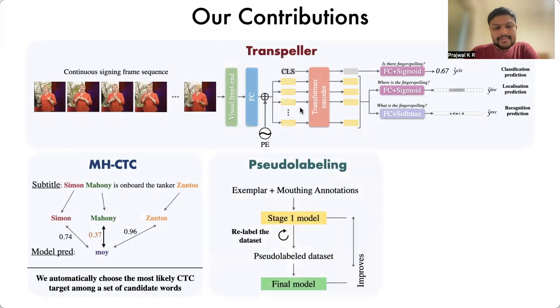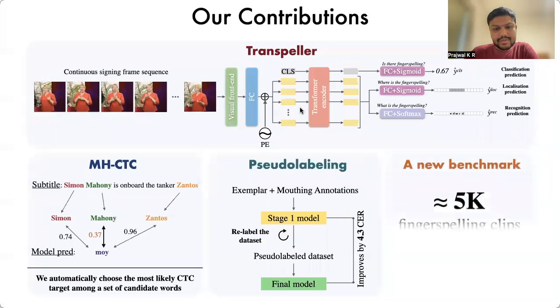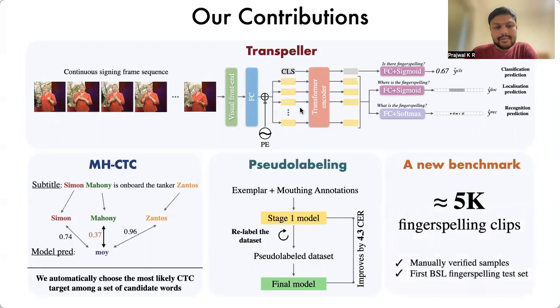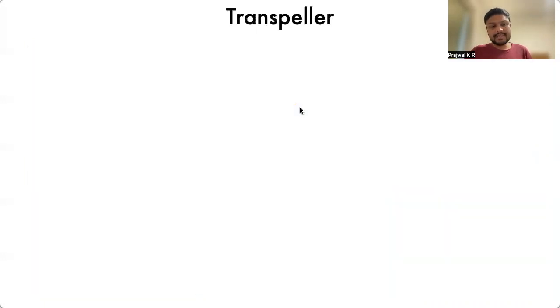Finally, we release the first benchmark on British Sign Language fingerspelling with about 5K manually verified fingerspelling clips. We evaluate our models on this test set and make all the annotations public to encourage future research in this space. Let us now delve deeper into each of these subparts.